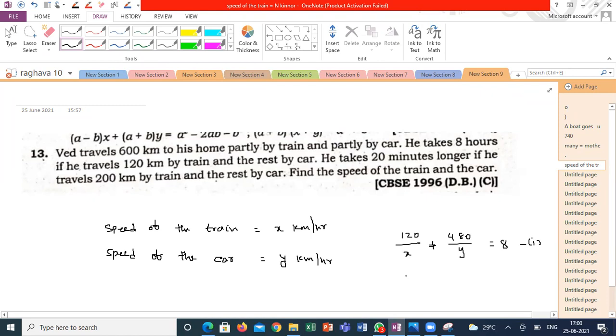Yes, sir. 200 by x plus 400 by y will be equal to 8 plus 20 by 60. This is my second equation.